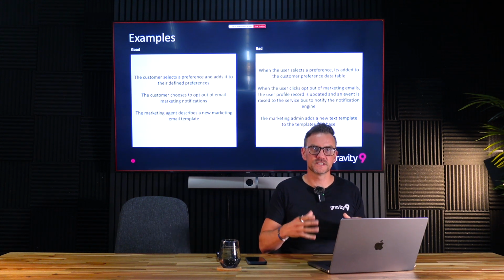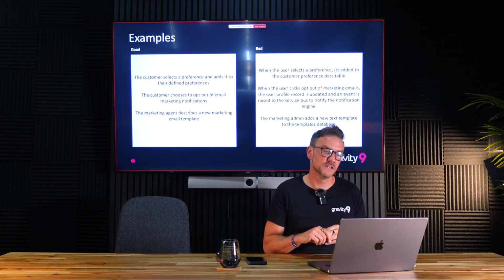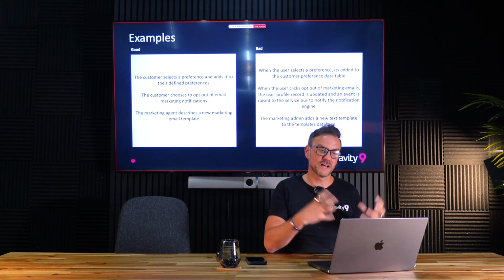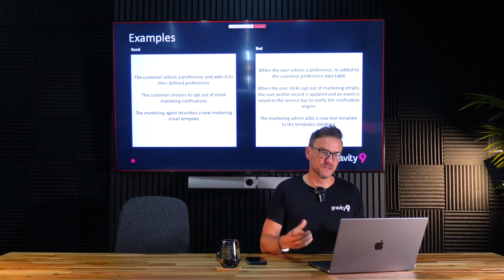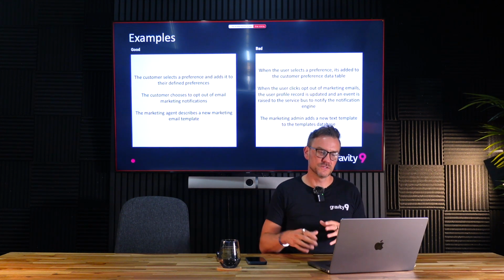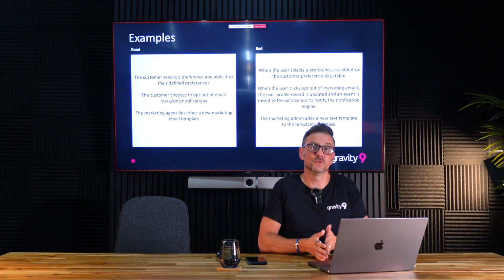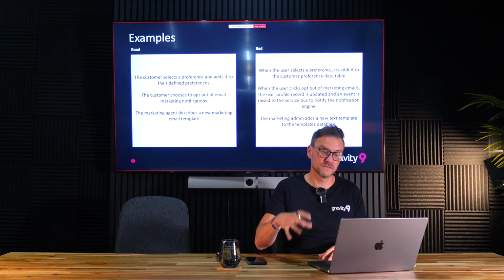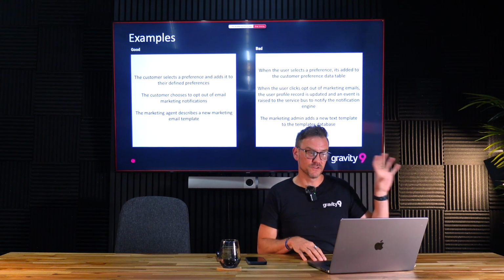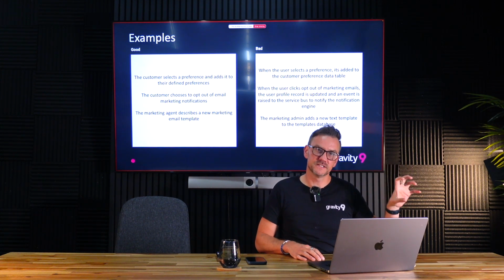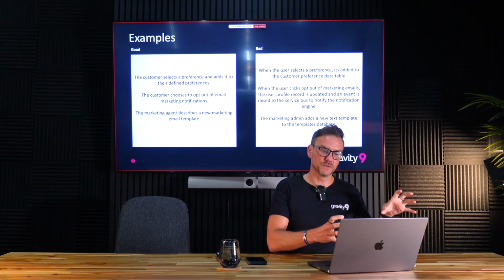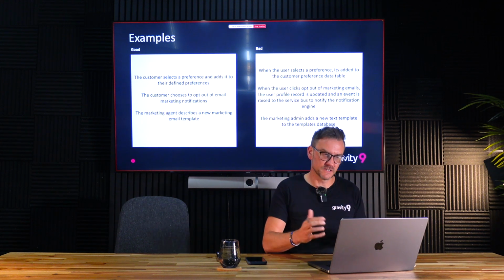Everyone agrees that as a customer, there's a customer preference. What we don't want to do is start talking about how things happen. And so on the bad side, we've got: user selects a preference, adds it to the data store. So we want to avoid those descriptions, and be much more focused on wording entities and a common understanding of what people are and what the associated entities are.